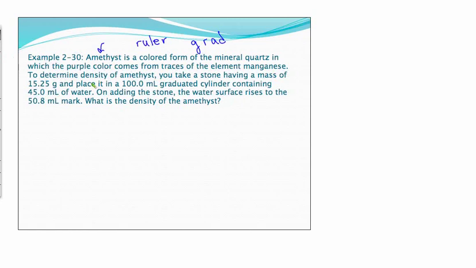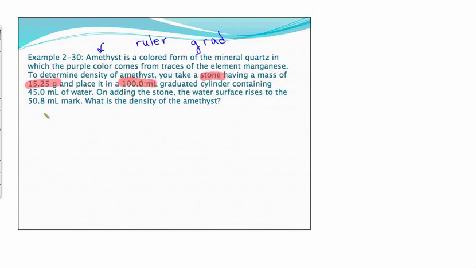So to determine the density, they took the stone. We've got the mass of the stone alone this time, although we could have had a mass of a weighboat, then the mass of the weighboat plus stone, and get it by subtraction. But in this case, what we likely did, and you'll learn this term soon, is we would tare the balance to get rid of the container, and we have the mass of the stone alone.